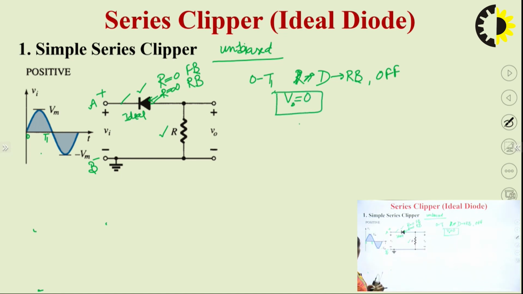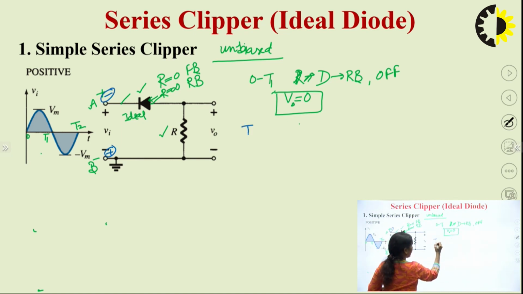Now, coming to the negative half cycle, that is T1 to T2. During T1 to T2, your terminal A will be at negative potential and B will be at positive potential.